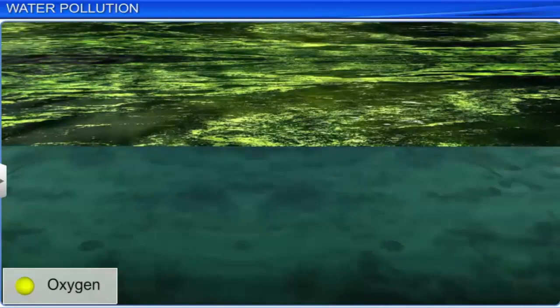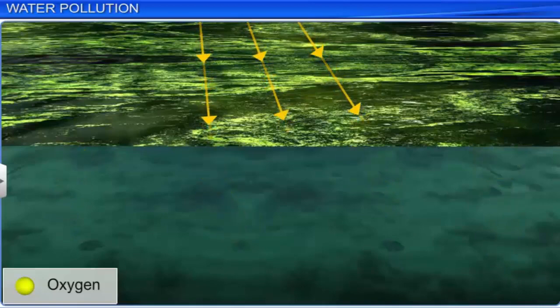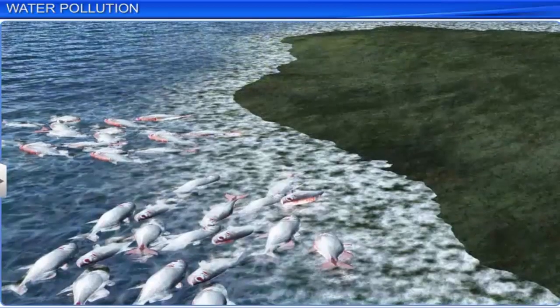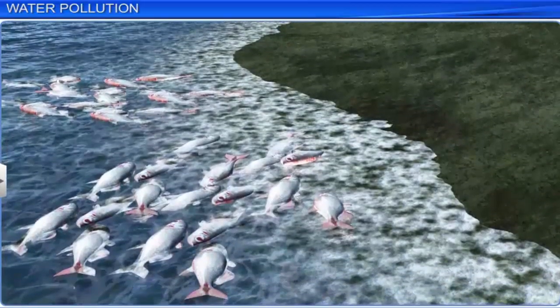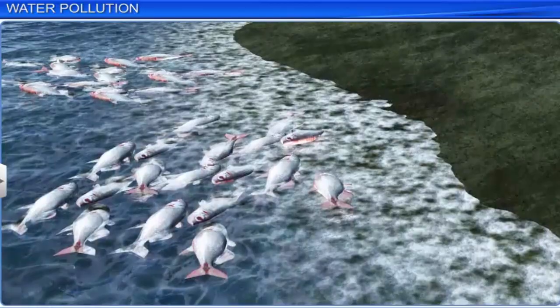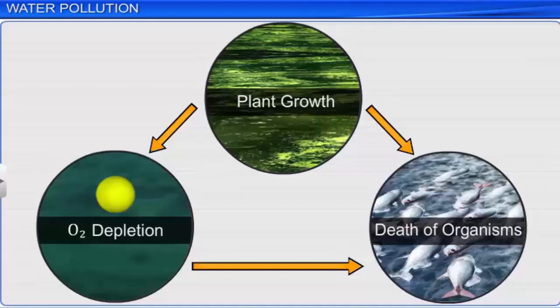Algae cover the surface of water, blocking sunlight and depleting oxygen in the water. The reduction of oxygen concentration in water causes the death of many aquatic organisms. This process of rapid plant growth in water and the depletion of oxygen causing the death of animals results in a dysfunctioning ecosystem called eutrophication.